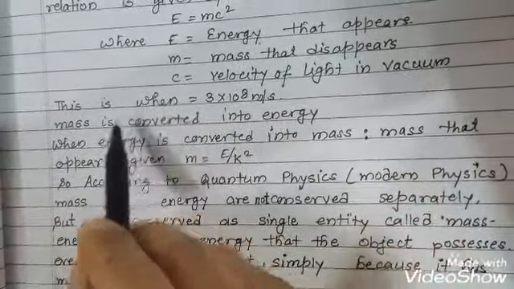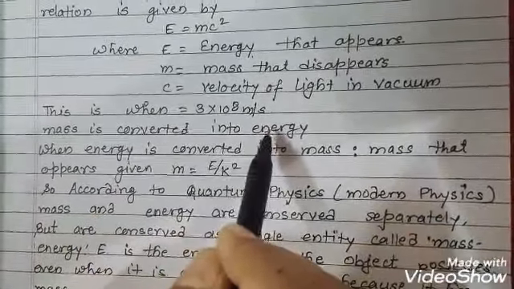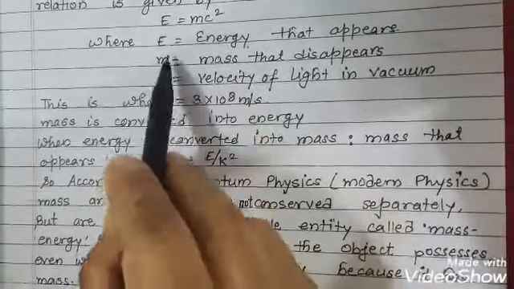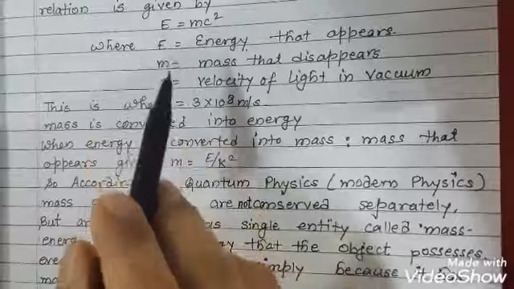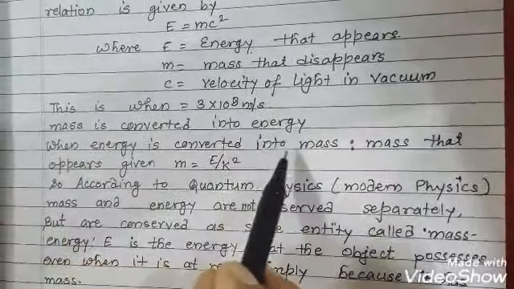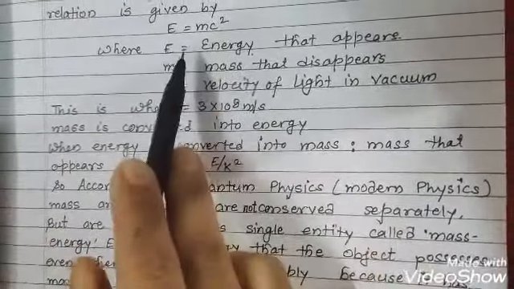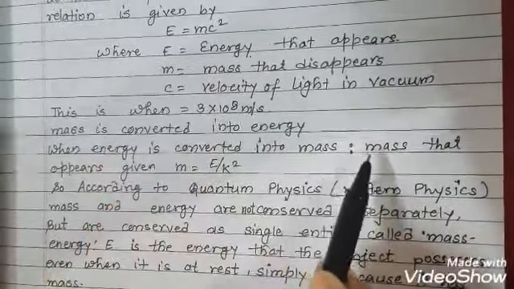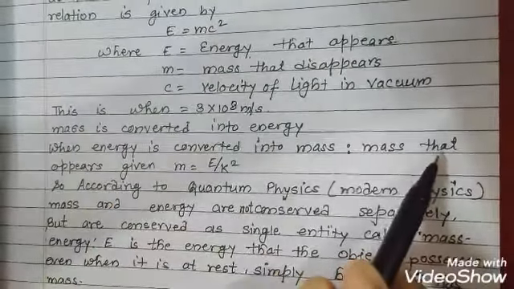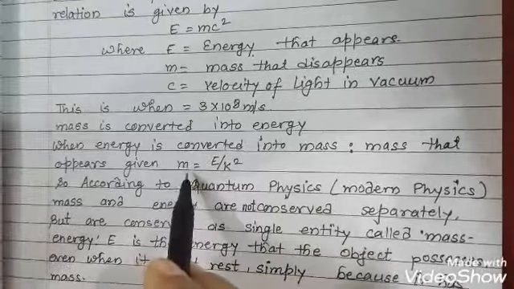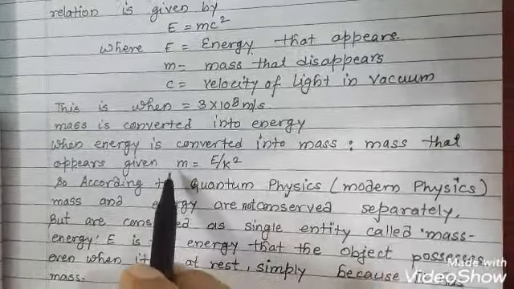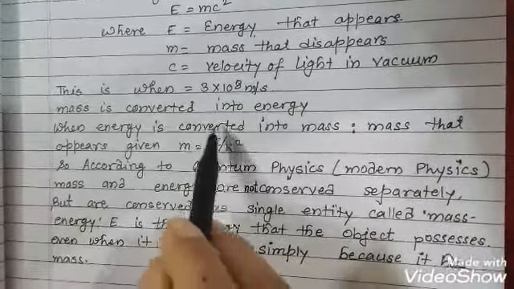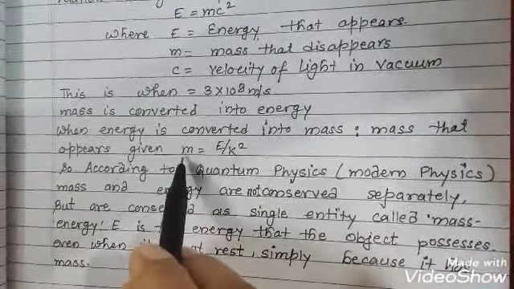So this is when mass is converted into energy. The m mass disappears to create E energy. But when energy is converted into mass, by the same formula E equal to mc square, we can write the mass that appears as m equal to E upon c square.